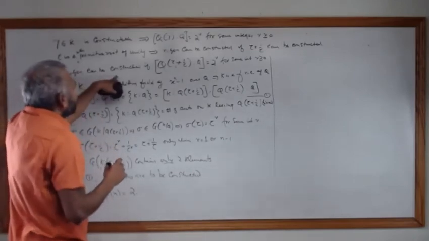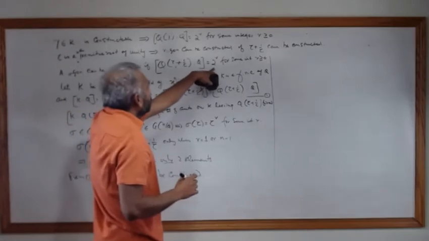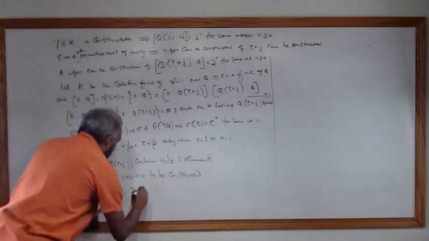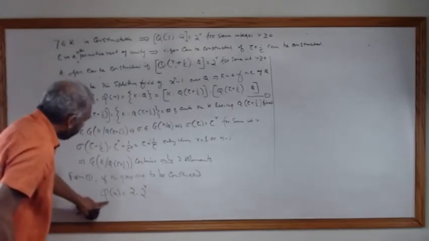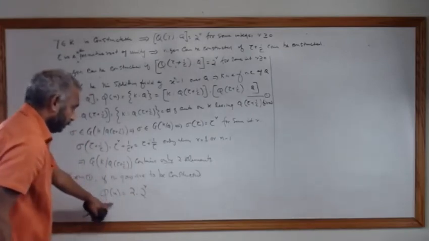The n-gon can be constructed only if this is true. So this is the condition for an n-gon to be constructed.